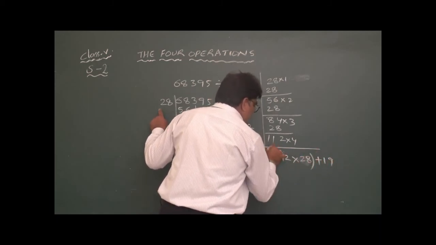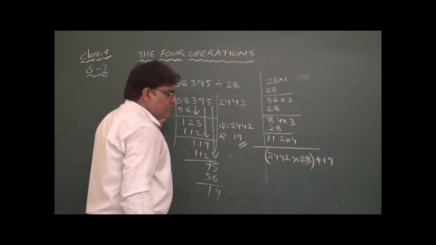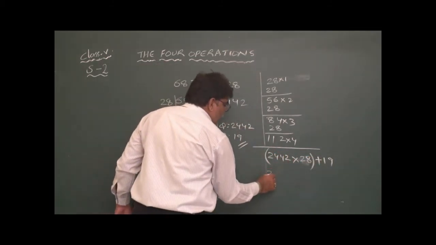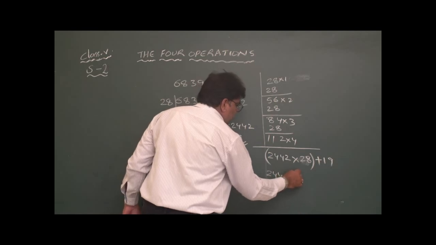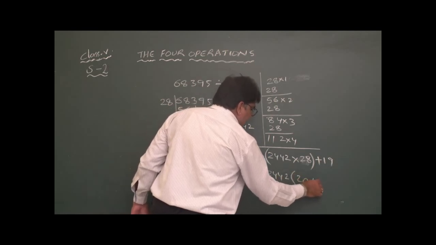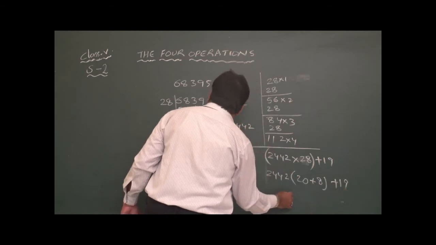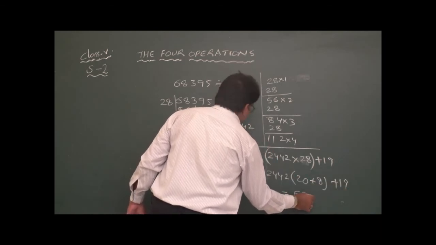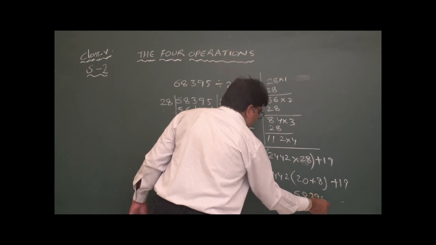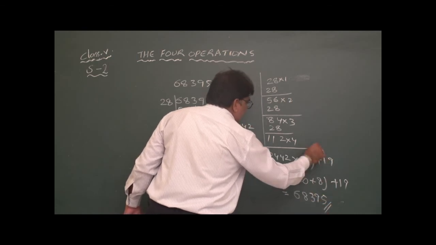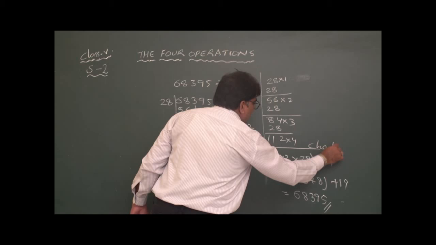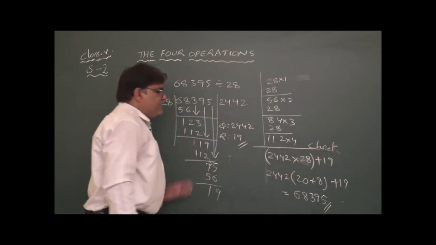We should multiply these two numbers, 2442, splitting the number as 20 plus 8, plus 19. Then you will always get the answer 68395. Like this, it is called the check. Division and check.